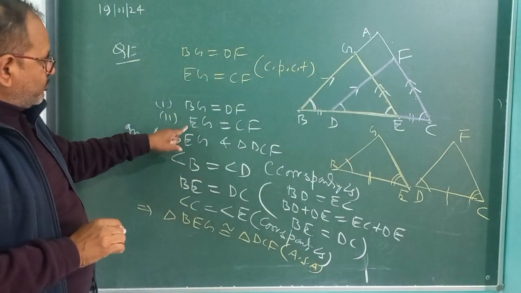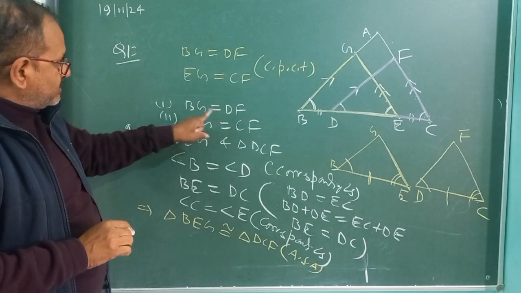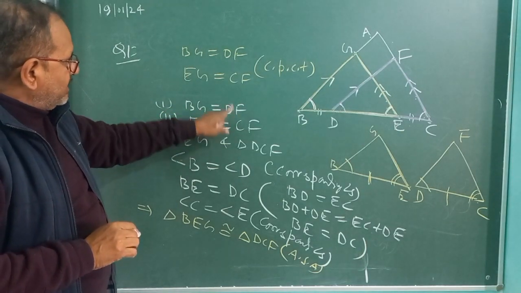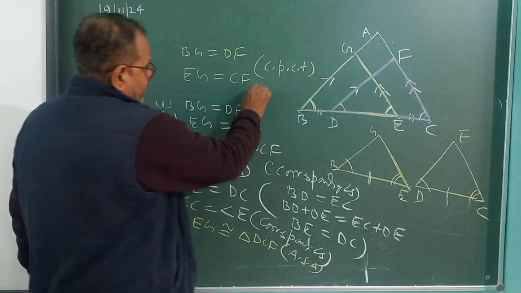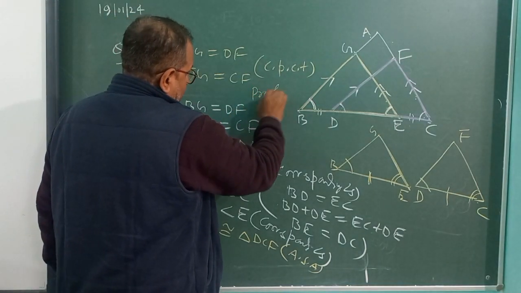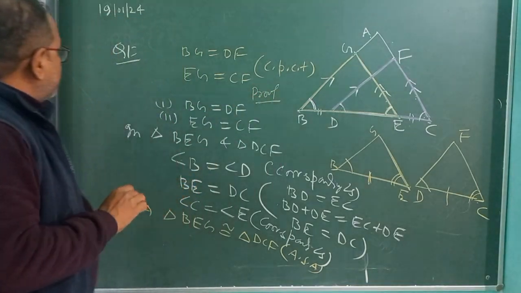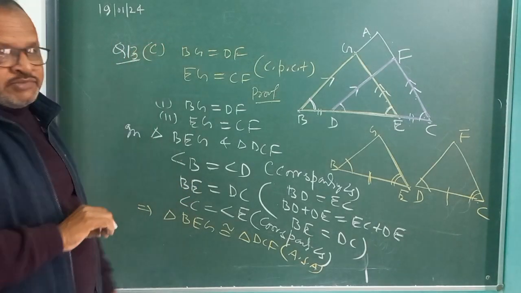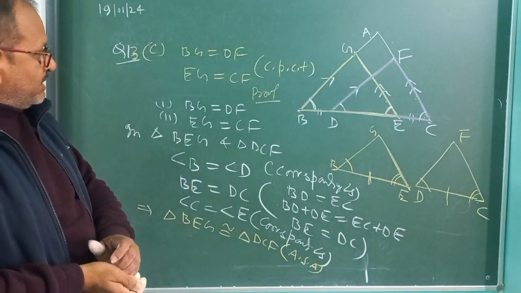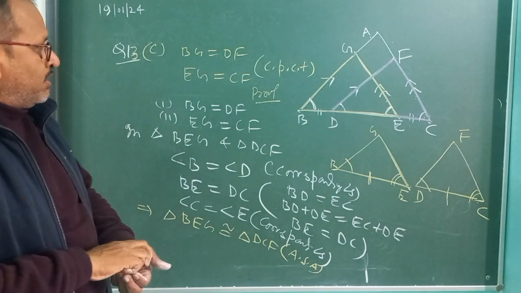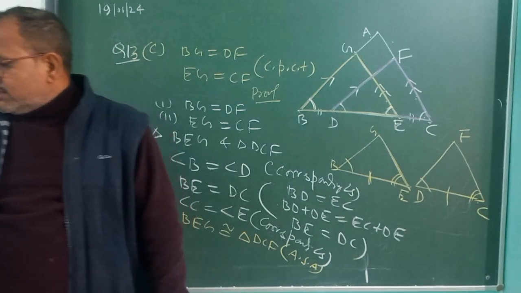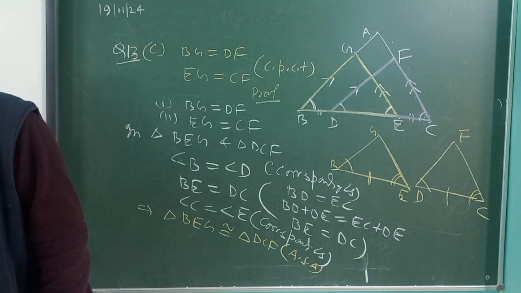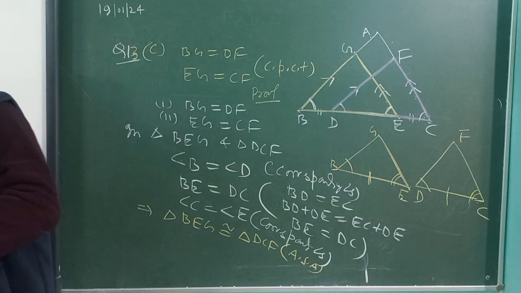So we have to prove these two results, BG is equal to DF and EG is equal to CF. So it was question number 13, C part. I hope that it is clear to you. One more question we will discuss. That is the last question, question number 14.